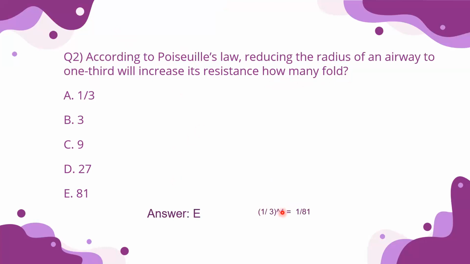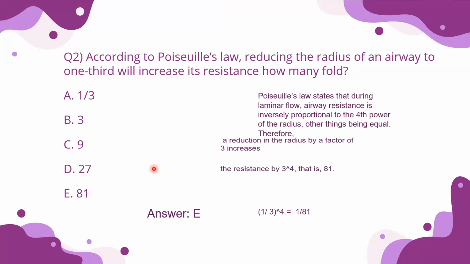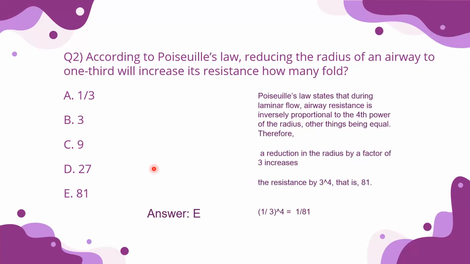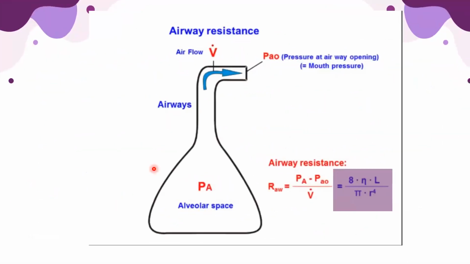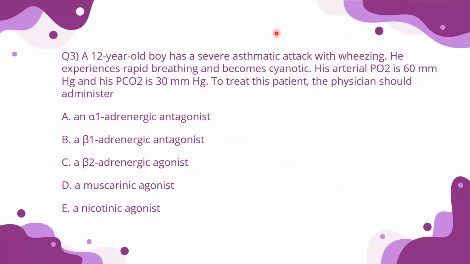Put it to the power of 4, you get 1/81. So resistance increases by how much? 81. That's your answer. We talked about this over here. All right, guys, next question.